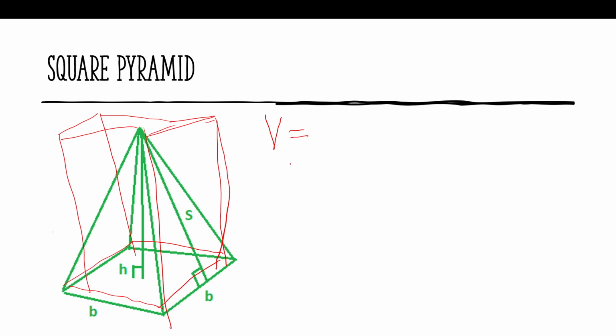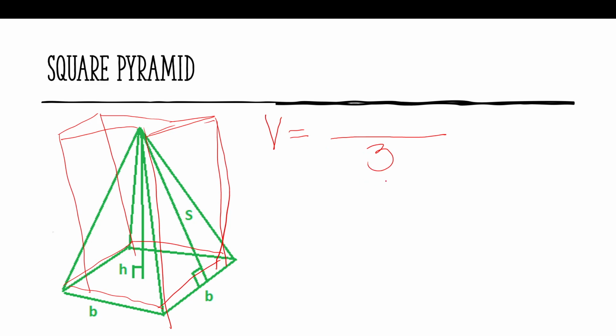So, according to calculations, kung si triangular prism ay kalahati ng rectangular prism, si square pyramid daw ay thirds ng rectangular prism. So instead na 2 ang nasa ilalim natin, magiging 3.